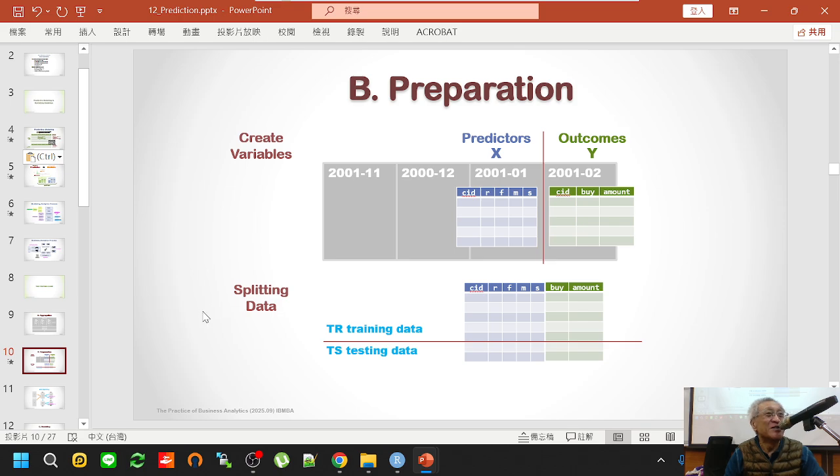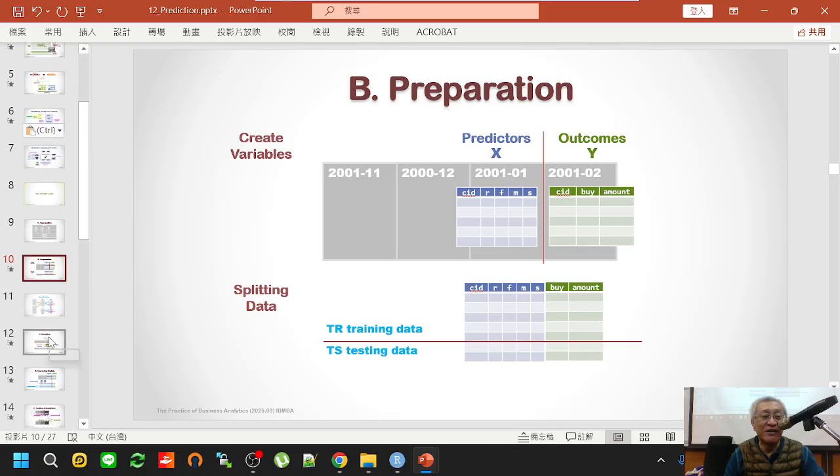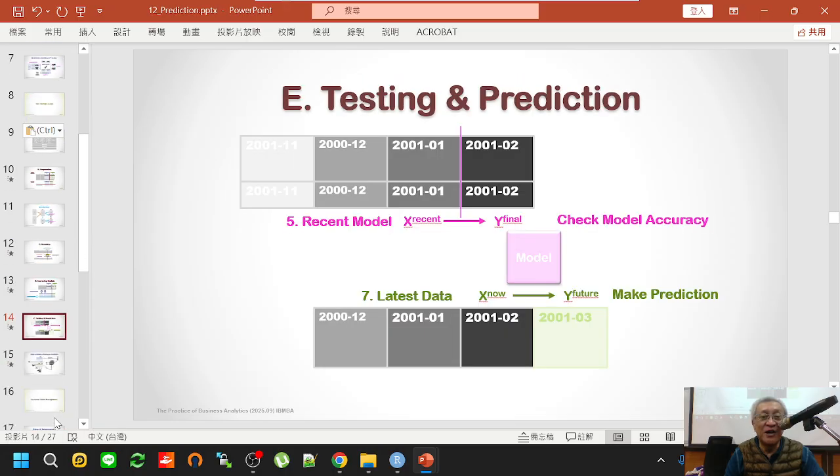So if you still remember, in the Tafang database, what we actually have is data of 4 months, from November to February.